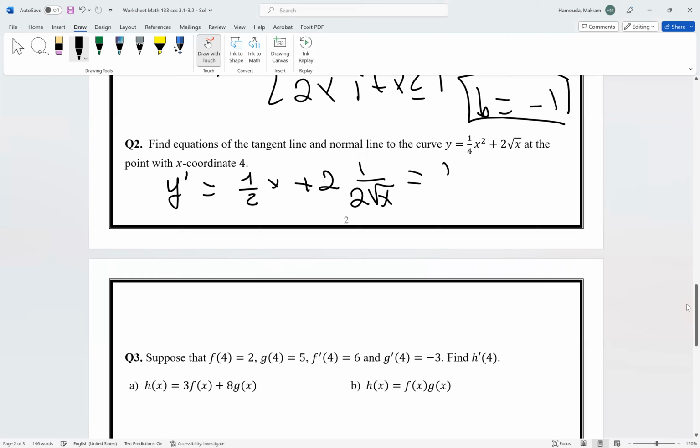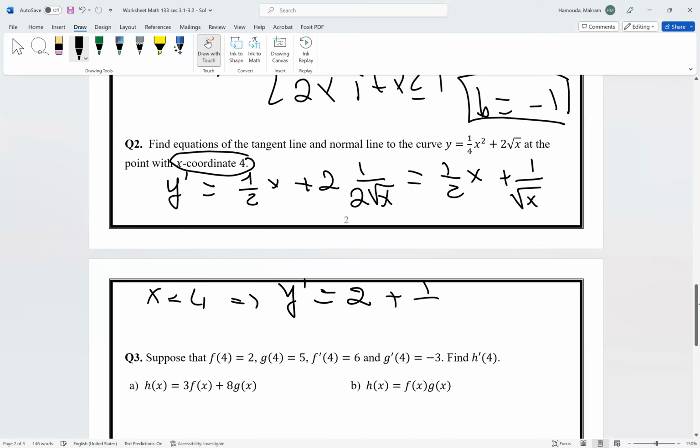So in total, I will have half x plus 1 over root x. And we will take the point x equal to 4 here. So x equal to 4. That means y prime is equal to 4 over 2, that means 2, plus 1 over root 4, which is 1 over 2. So the value here is 2.5.